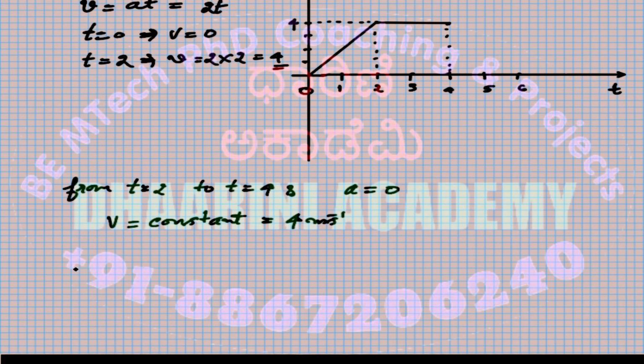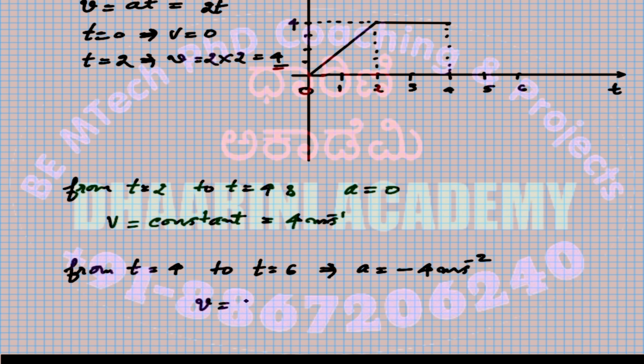So next, from t equal to 4 to t equal to 6, the acceleration is equal to minus 4 meter per second square. So I use the appropriate equation by looking at what condition it is. It is v equal to u minus at.